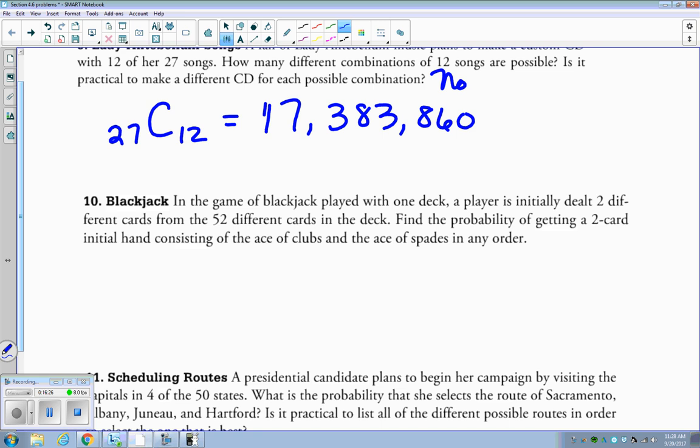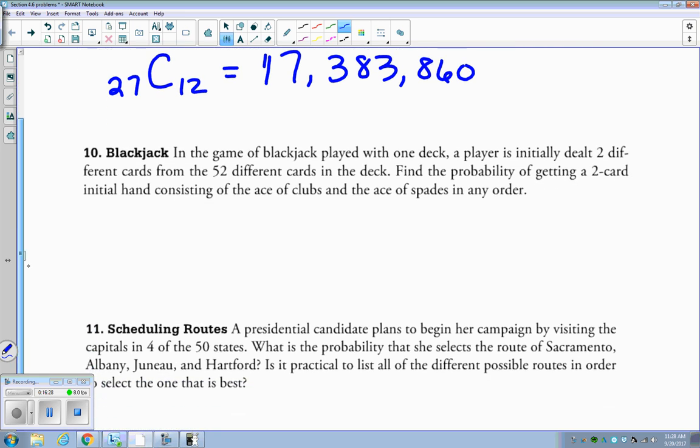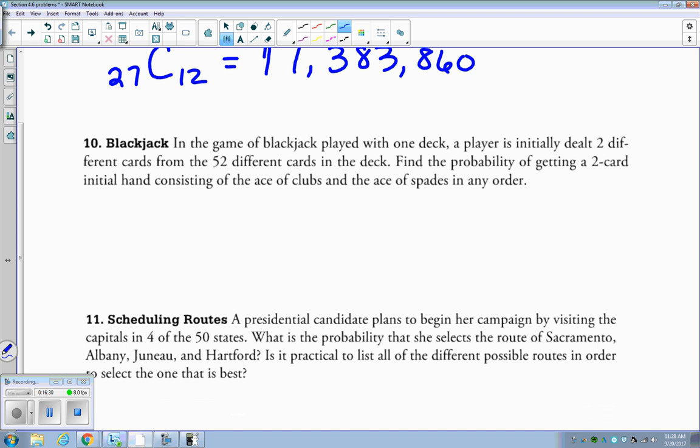Right? Okay. So on this, though, on blackjack, after everyone gets their 2 cards dealt to them, then they decide if they want a hit or if they want to stay. And what they want to do is get an addition total to 21, as close as they can get without going over. If they go over, they're broke. Okay?